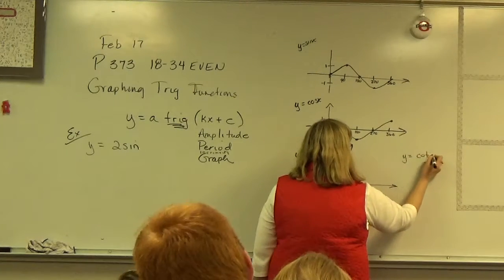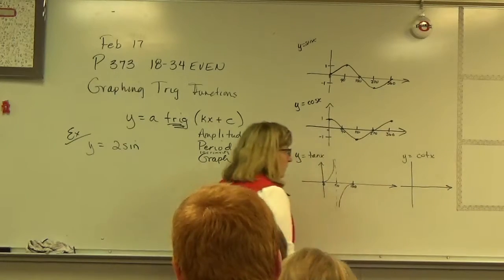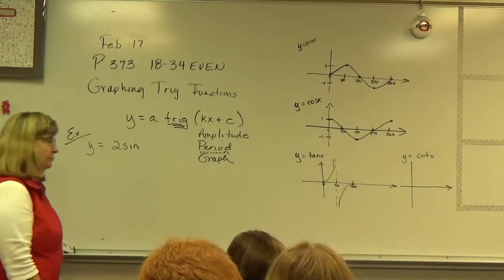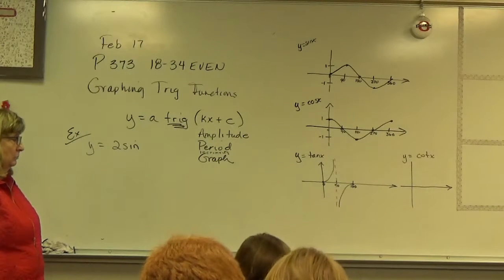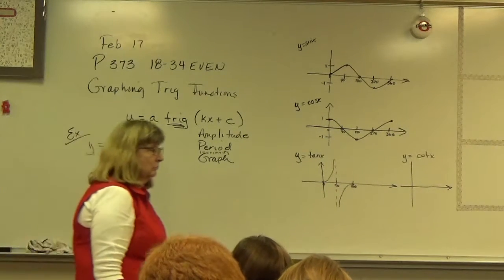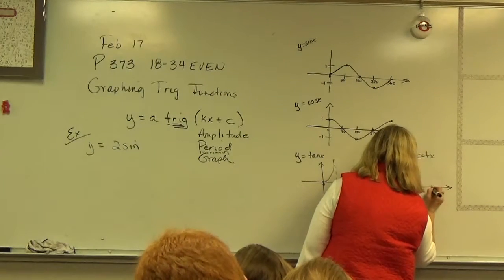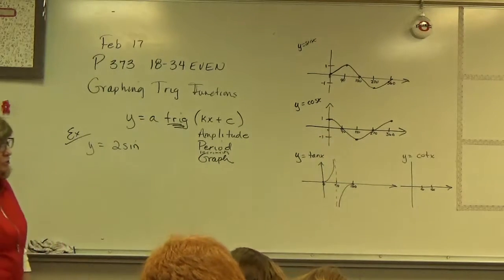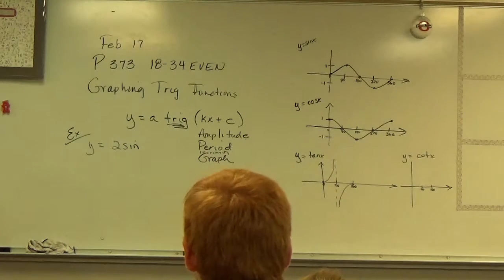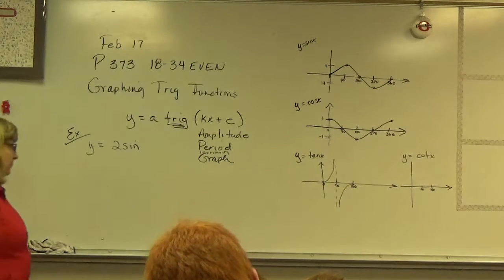I'm going to go to the cotangent right beside it. And the period or cycle of a tangent or cotangent is 180 divided by the coefficient of our angle, which we're going to get to here in just a minute.